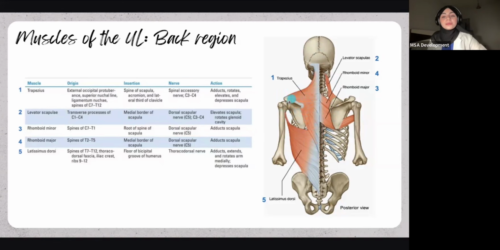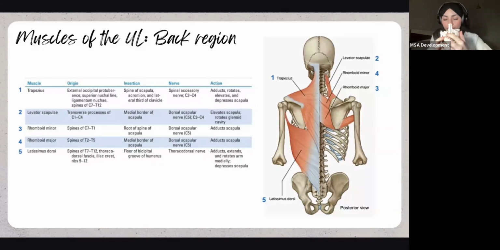The insertion is going to be the spine of the scapula, which means that when it contracts, it's going to be pulling in this direction. What does this mean? This means that it's adducting, rotating, elevating and depressing the scapula. So again, because it goes to the spine of the scapula, the acromion process, right there.